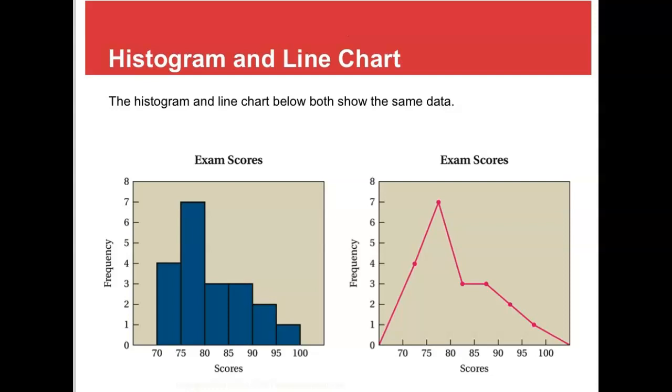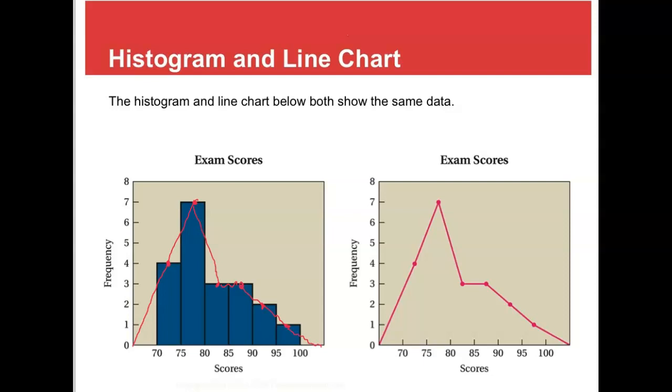And then this line graph is the same thing, except all they did is put a single point at the height of each bar and then just connect the dots. You can see that gets me that line graph.